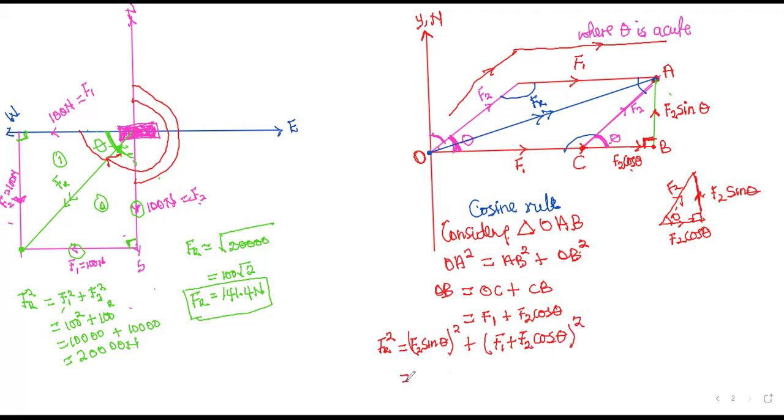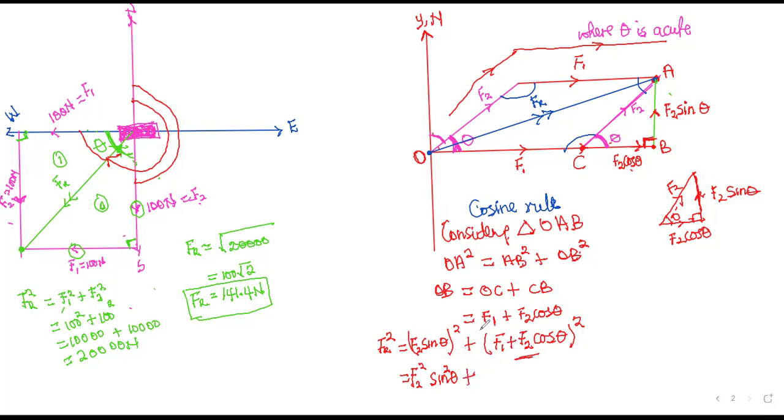Class, I want you to expand OB for me. OB, which is F1 plus F2 times cos theta, all squared. Expand this for me. I mean this one within a bracket. Of course, this will be F2 squared times sine theta squared, or sine squared theta?